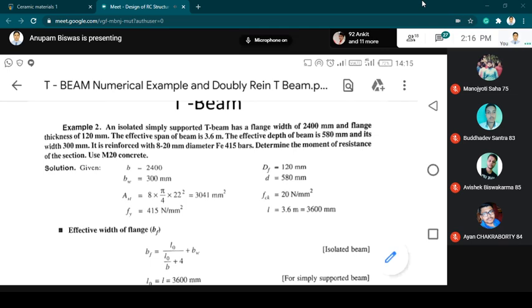All of you resolve example 2 with the changed value of reinforcement, that is 10 numbers of 25 mm bar.